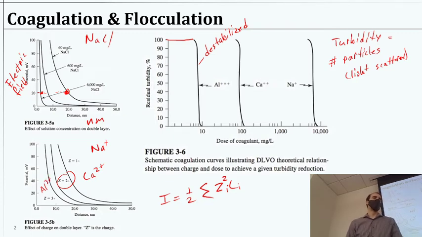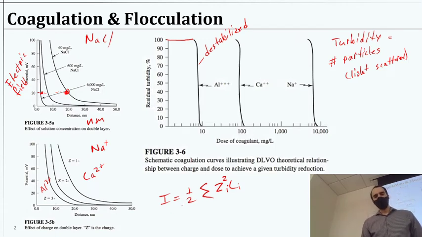And you can see the same effect here where sodium doesn't do a particularly good job shrinking that double layer, you have a strong field strength all the way out near 20, and this is all with the same amount of sodium, calcium, or aluminum there, or 1+, 2+, 3+ ions. And just tracking the difference by changing the charge there, you can see that aluminum is much more effective on a per mass basis or per molar basis.